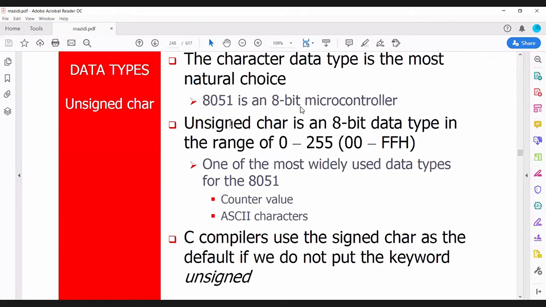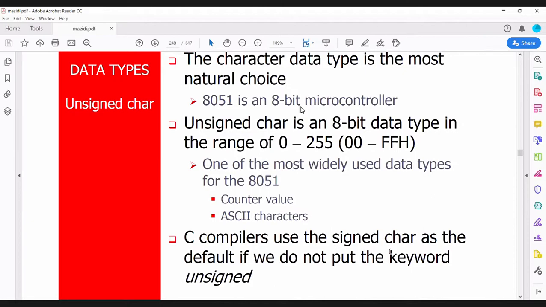Unsigned character is an 8-bit data type in the range of 0 to 255. One of the most widely used data types for the 8051 is for counter values and ASCII characters. The C compiler uses signed character as the default if we do not put the keyword unsigned.